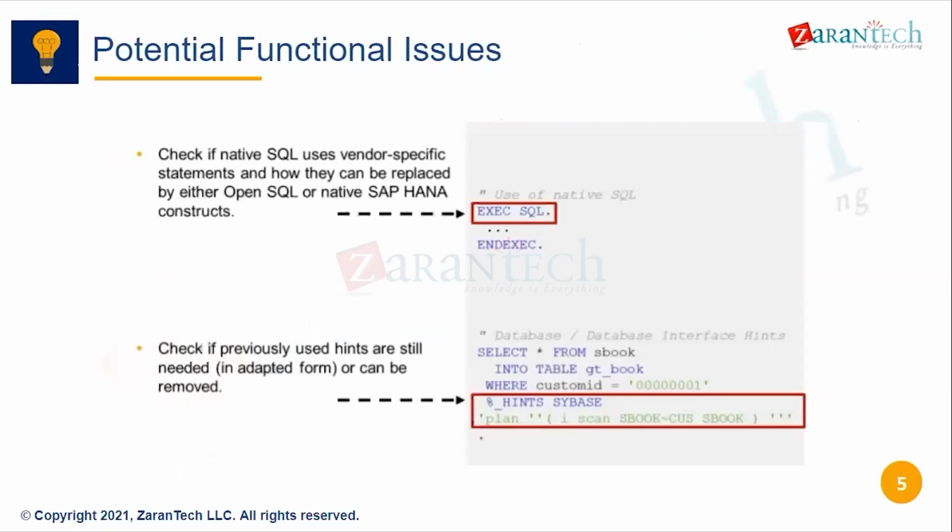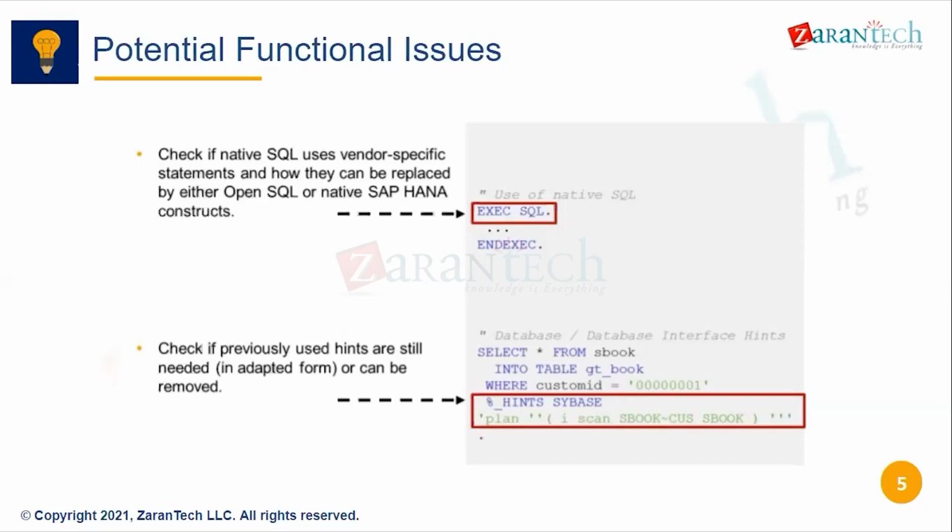The foremost thing we need to consider is the native SQL statements. We need to check if the native SQL uses vendor-specific statements. When you say native SQL, if you use Oracle, the statements will be different when trying to connect and access the database. When you use MS SQL, the pattern of statements or keywords is different.